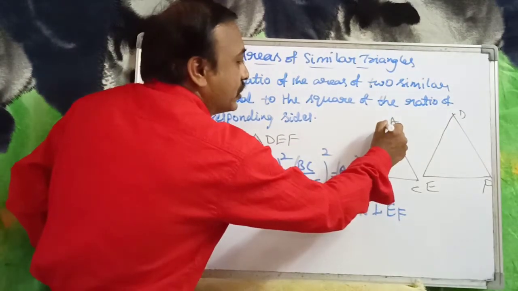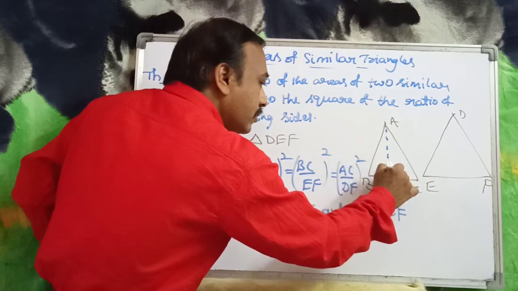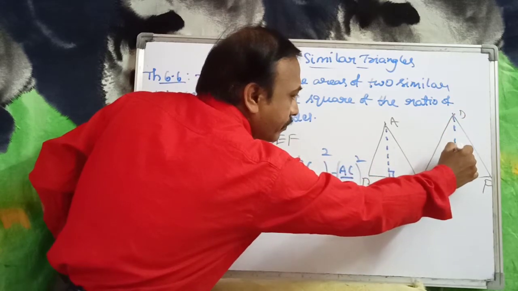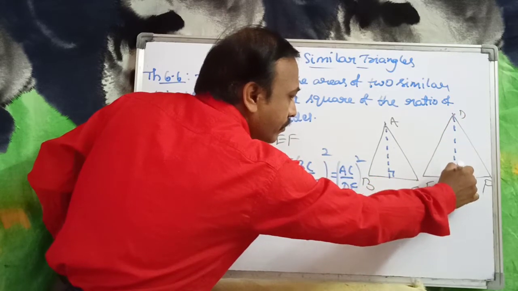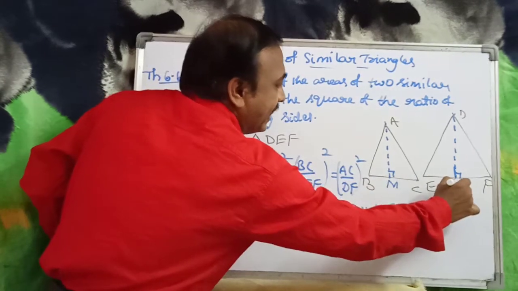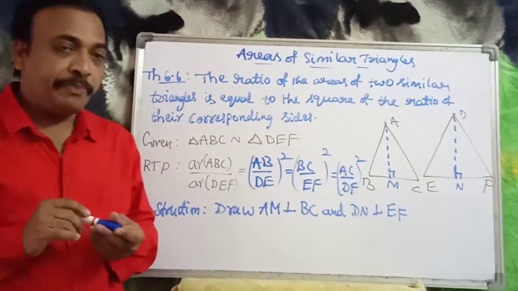So we are taking the altitudes. AM and DN are the altitudes.